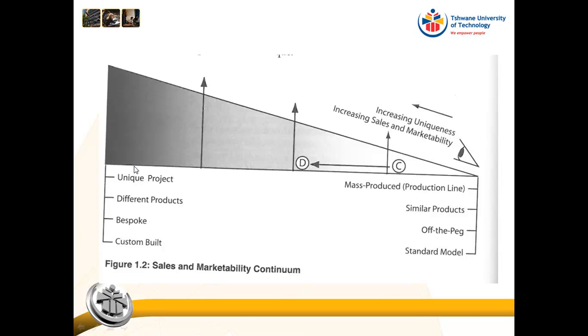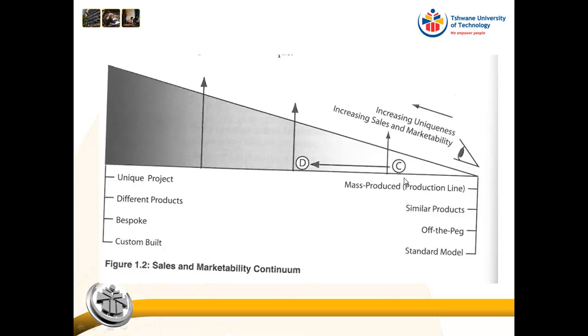So this is where, if we take the example of a motorcycle, if you want a unique motorcycle where the handlebars are custom made to fit exactly to the size of your hands, and the height of the seat is adjusted exactly and then attached exactly at the height that suits you, that would then be a custom built or bespoke product.